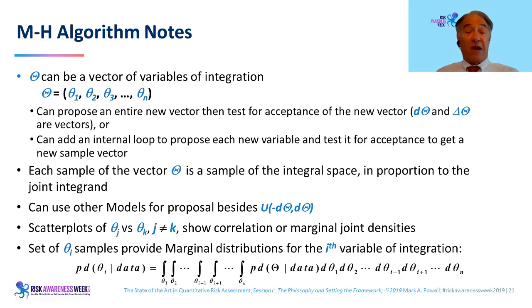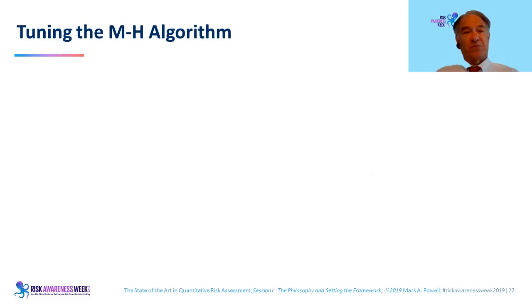So if we integrate all the rest of those out, we're left with the uncertainty model just for theta sub i. In other words, this complicated integral is given to us just by looking at that one set of samples. Likewise, if you integrated out everything except for two, you would have the uncertainty model for theta sub j and theta sub k. That's really, really nice to be able to see those things. Those things usually provide us insight into our problems.